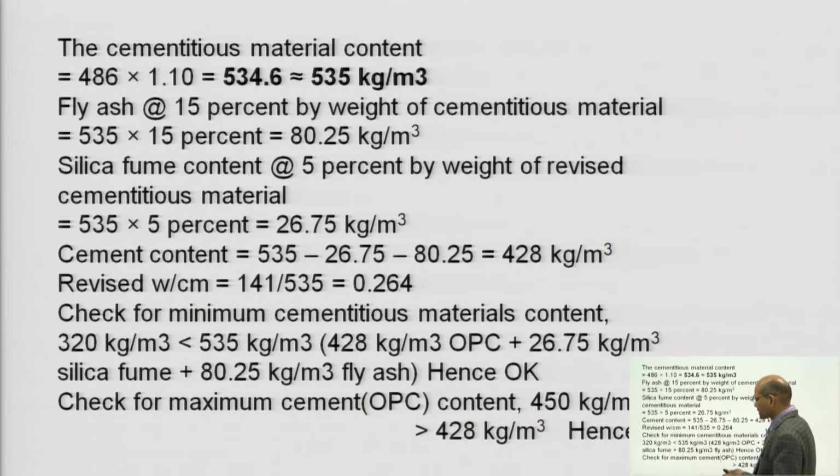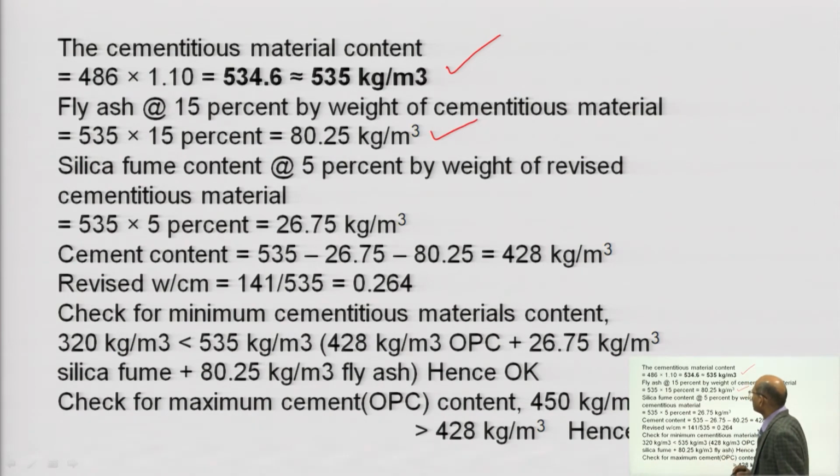Super plasticizer. So, now I want to calculate the cementitious material content. 486 into 1.10, we got 535 kg per meter cube, and fly ash at the rate of 15% by weight of cementitious material, if you calculate, is coming 80.25.